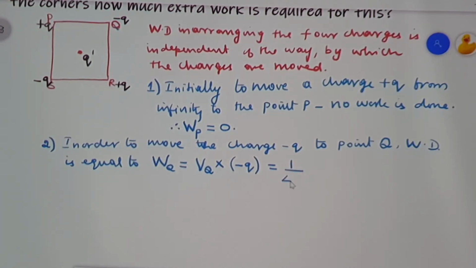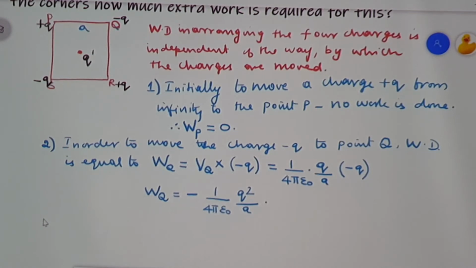It is 1 divided by 4 pi epsilon 0 Q divided by this distance, they have given it as A. So Q divided by A multiplied with the amount of charge moved, that is minus Q. So the work done in moving that charge to the point Q, WQ is equal to minus 1 divided by 4 pi epsilon 0 Q square divided by A.